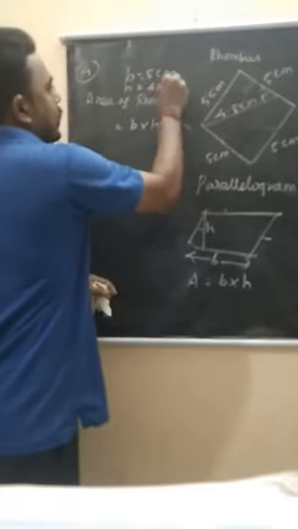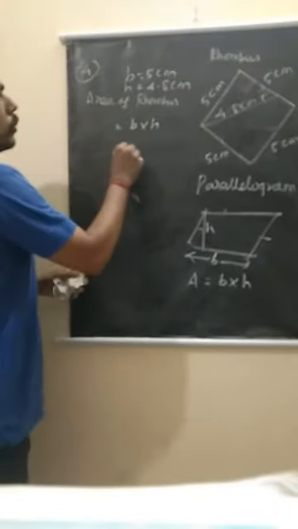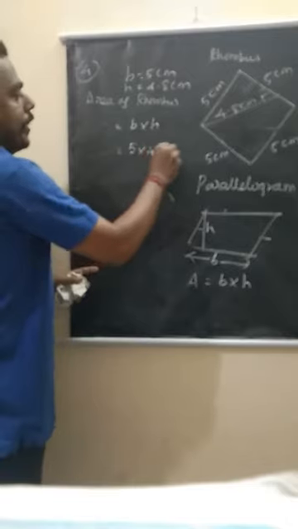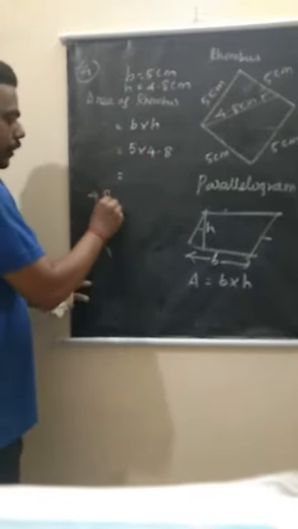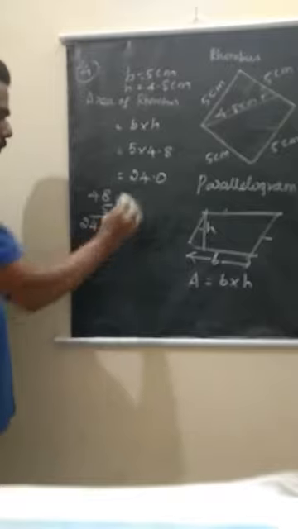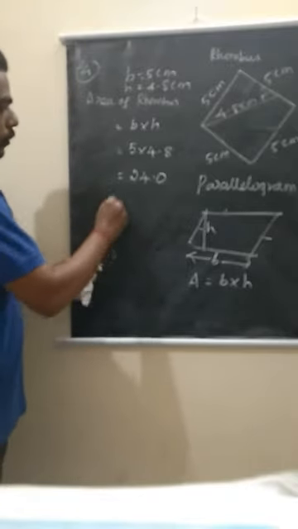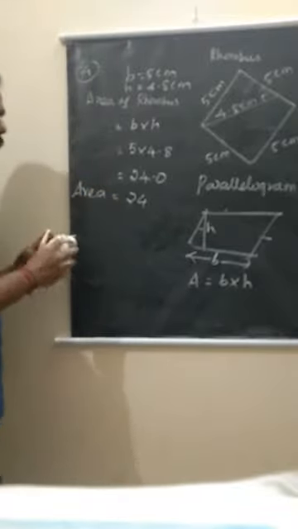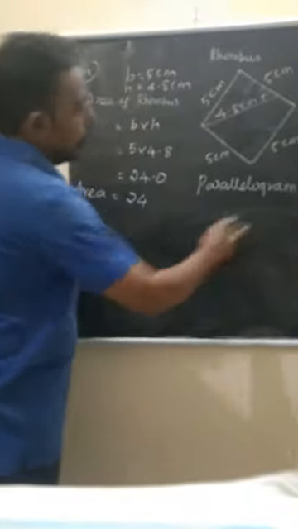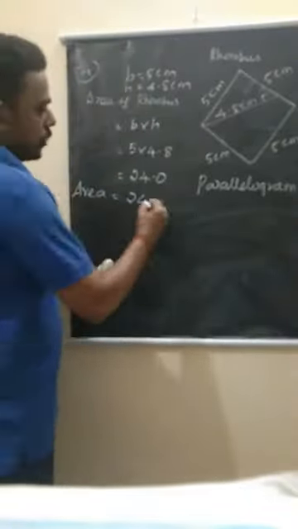So 5 into 4.8. 5 into 48 is 240, with one decimal place, so 24. So area equals 24. Here the unit is centimeter, so centimeter square.